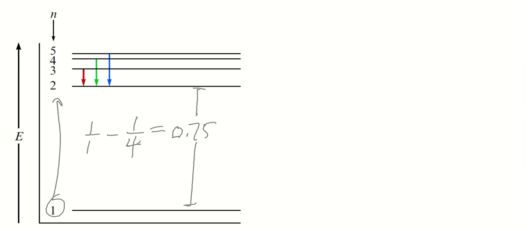Since they're using red here, I'm going to use a red color. From n equals 2 to n equals 3, let's see what that difference is. 1 over 2 squared is 1 over 4, minus 1 over 3 squared, which is 1 over 9.